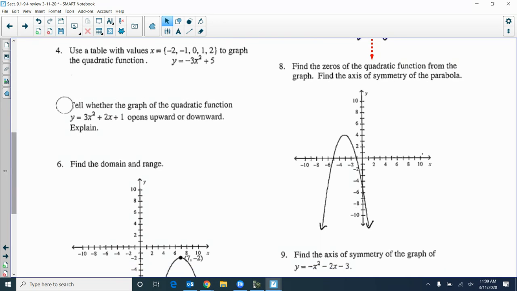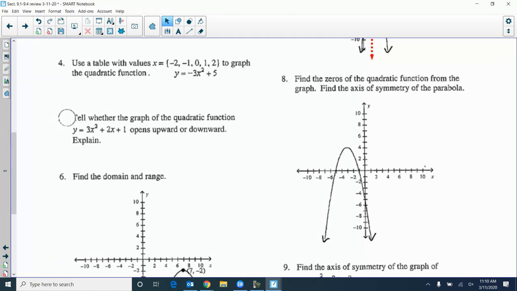So for 8, Braden, what are my zeros and what's my axis of symmetry? Jay, is it -6, 0, and then -1, 0? Not -6.